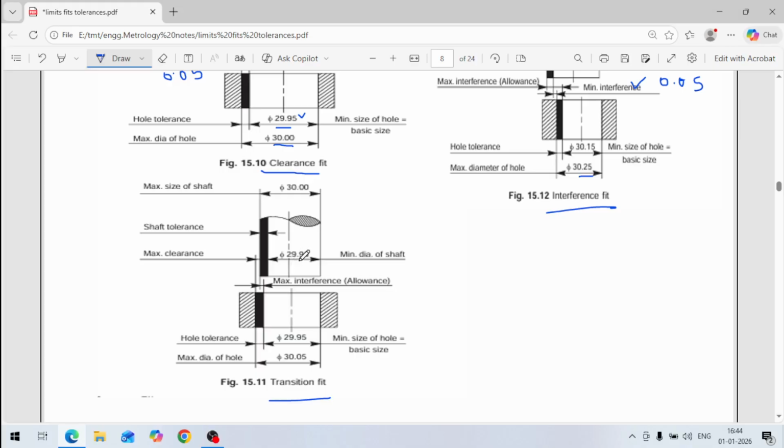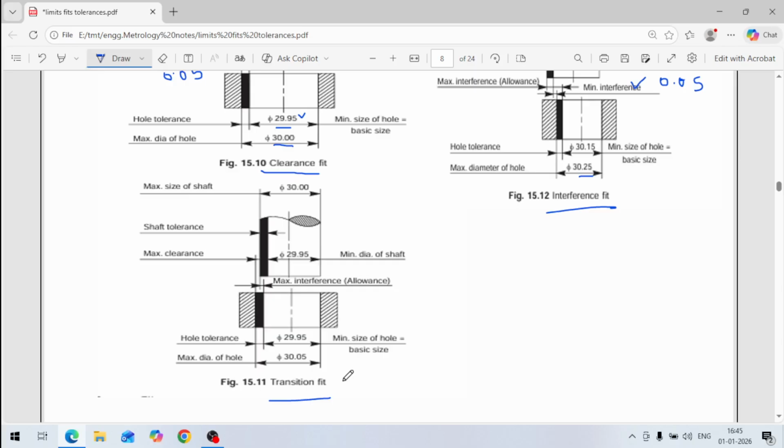So 0.1 may be the clearance or 0.05 may be the interference. Okay. So this way we can calculate.